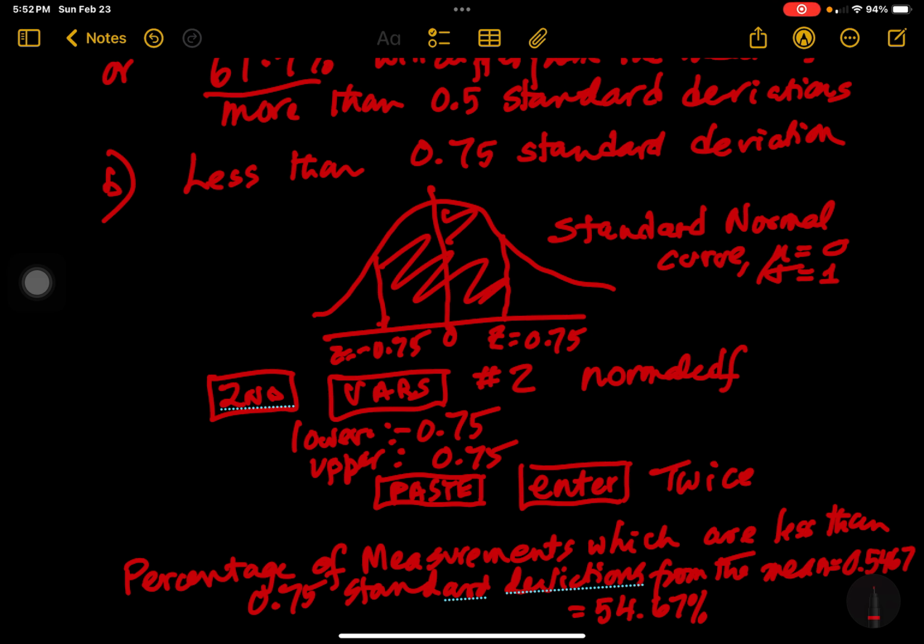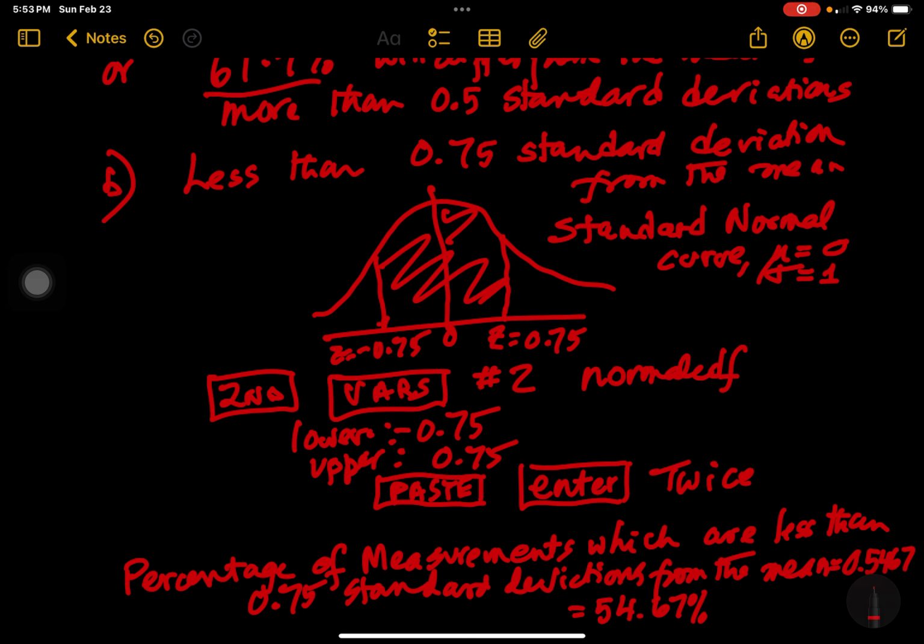And just to recapitulate what we did, we understood that less than 0.75 standard deviation from the mean, okay, that means on the standard normal curve, on the horizontal axis, on the right side the z-score is 0.75, on the left side z is equal to minus 0.75.